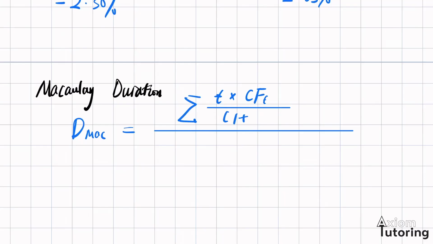But if you're provided with spot rates, you can still use those. In this case, we're using a yield. You sum from year 1 to year n, t equals 1 to t equals n. And then on the denominator here, you have the price of the bond.